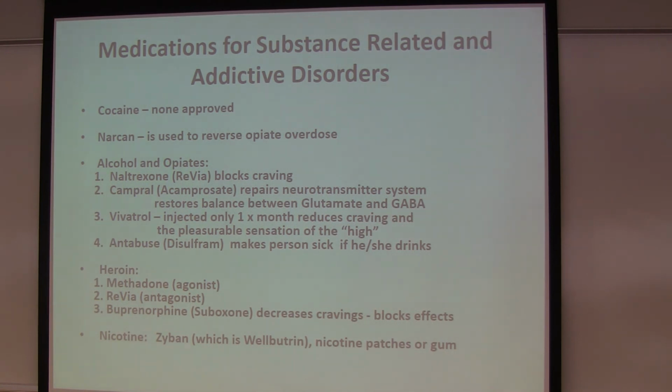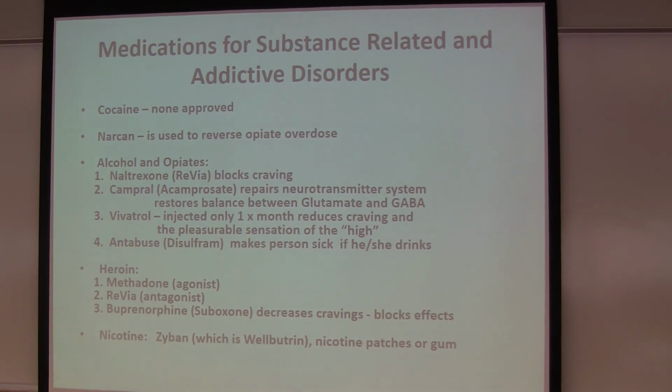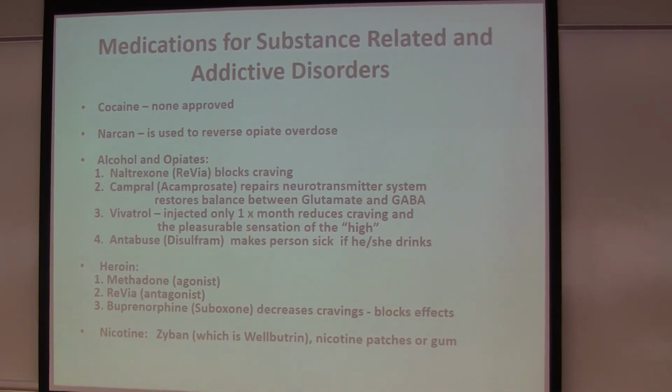Vivitrol is another name that you can remember. And what this is that it's a medication that, again, blocks the craving and is injected only one time a month. So it reduces craving, and it also increases compliance on the part of clients because of the fact that they only have to take it once a month.